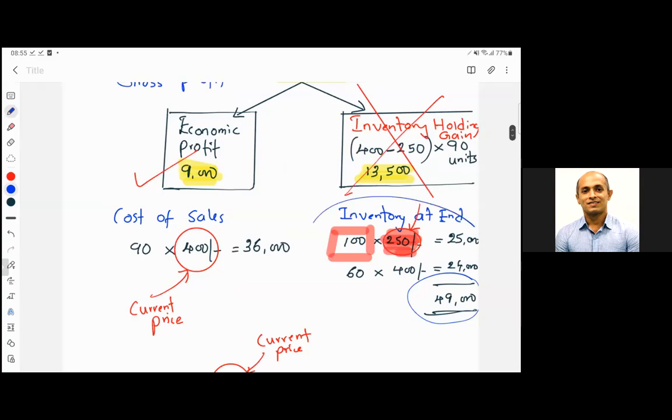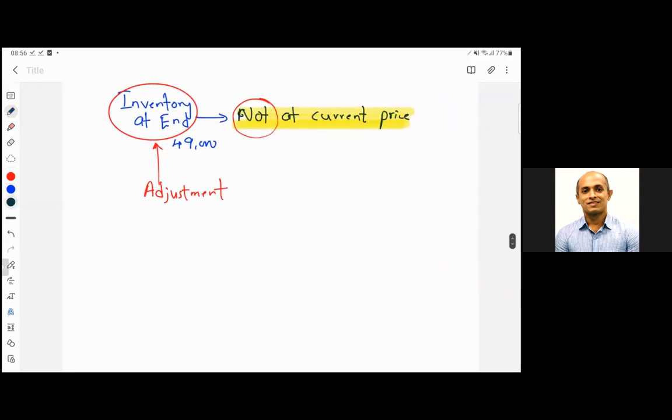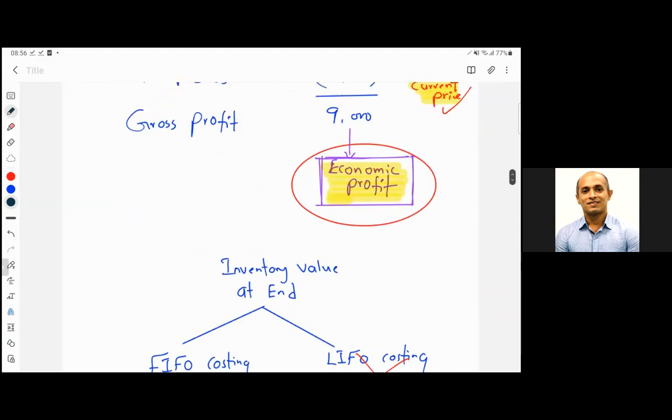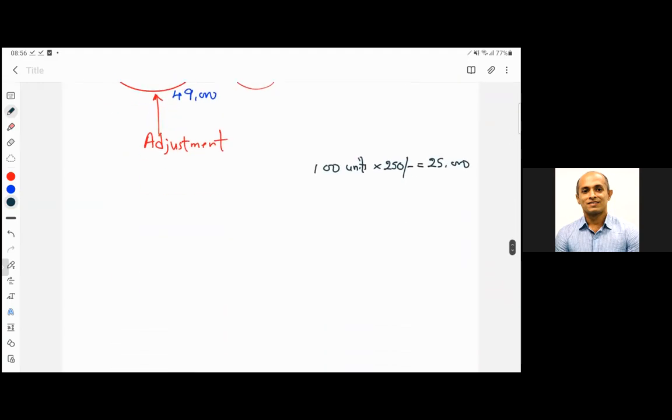You see this calculation: 100 units at 250 price, then the balance 60 units at 400 price, $24,000. Altogether 49,000.